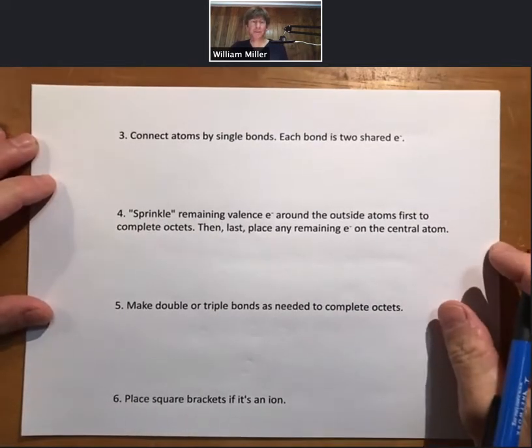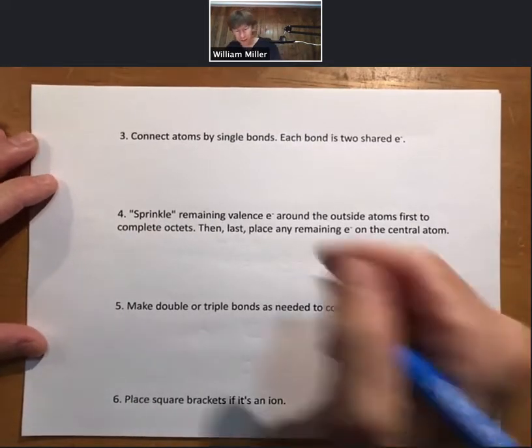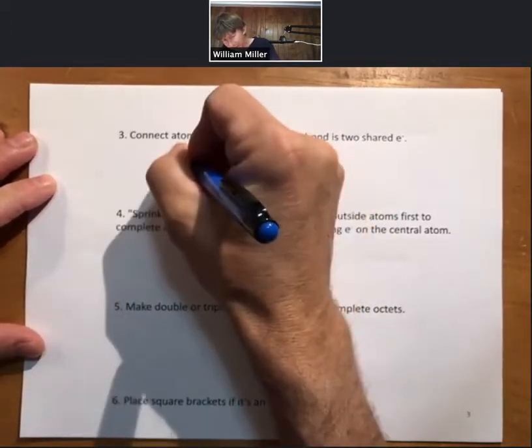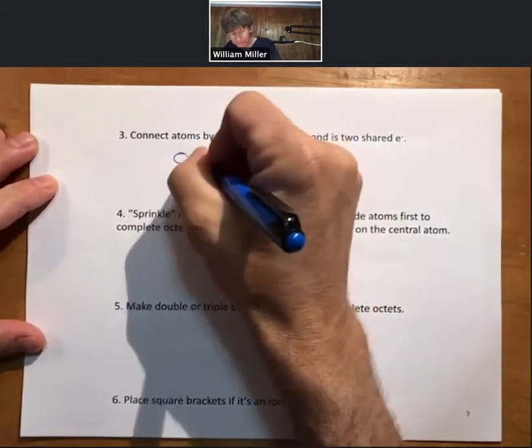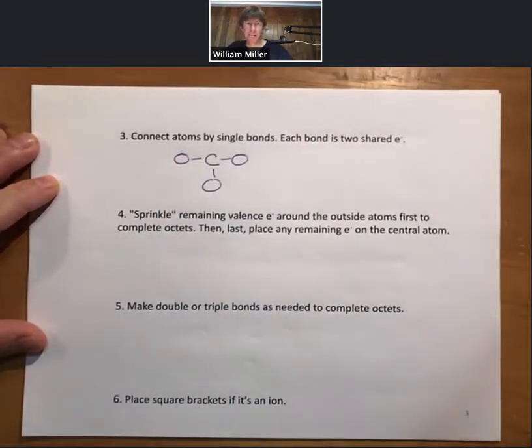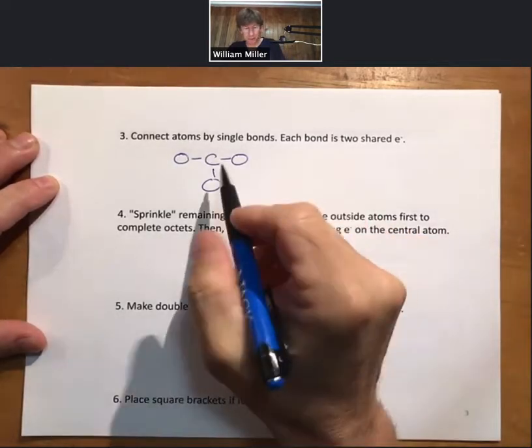Connect atoms by single bond. Each bond is 2 shared electrons. So I'll rewrite where I left off in step 2. Now step 3 is going to be to have single bonds. Each bond is 2 shared electrons.